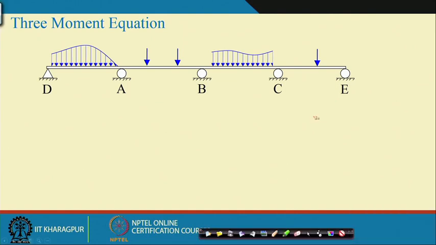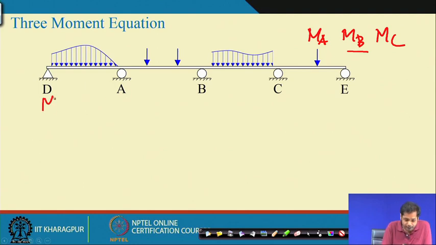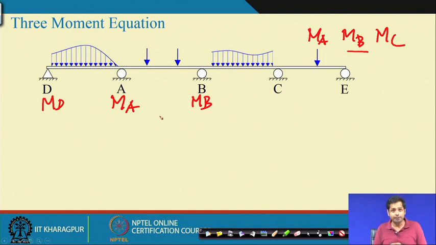This is a relation between three moments at three consecutive supports. If we consider the compatibility condition at B, then we have a relation between MA, MB and MC. But if we write the compatibility equation at A, then we have a relation between MD, MA and MB.